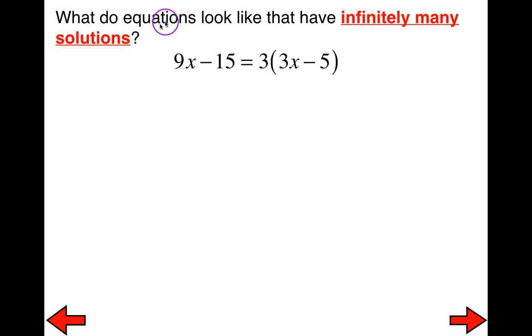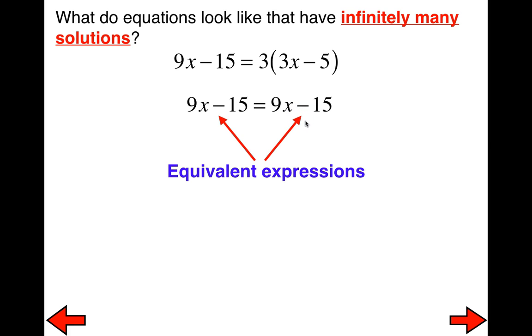So what do equations look like when we have infinitely many solutions? Well, remember, when we simplify this, we got 9x minus 15 equals 9x minus 15, so we distributed the 3. I hope you can see at this point that we have equivalent expressions, okay? So this expression is equivalent to this, but most importantly, 9x minus 15 is equivalent to 9x minus 15.